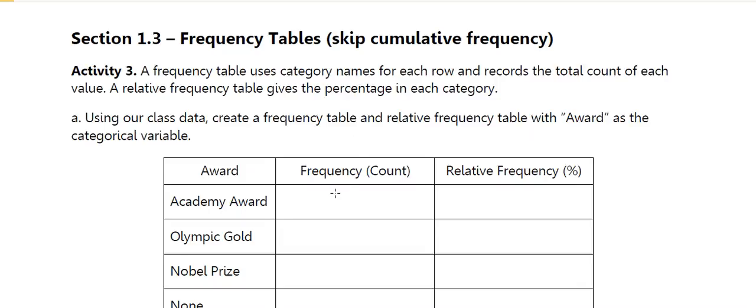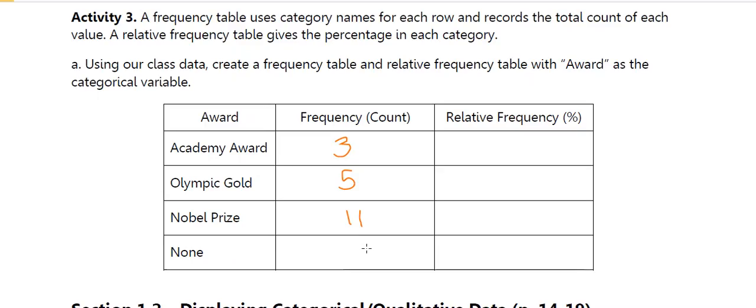So in my last term, 3 people said they would like to win an Academy Award, and this is going into the data that everybody put in and counting. How many people said Academy Award? 5 people said Olympic gold medal. 11 people said Nobel Prize. And 5 people said none of the above.